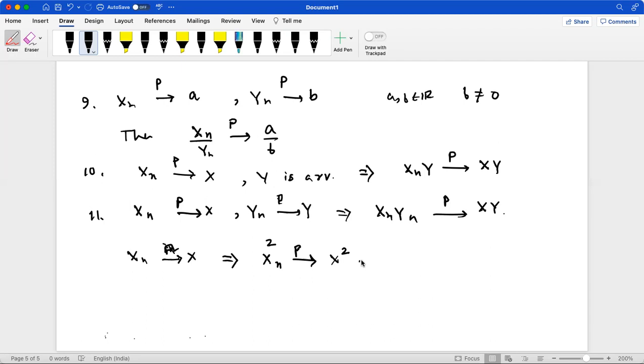The proofs of these results, some are easy. The last 3 or 4, that is 7, 8, and this 10, are slightly complicated, and this 10th one is the most complicated. I'll prove it in the next lecture.